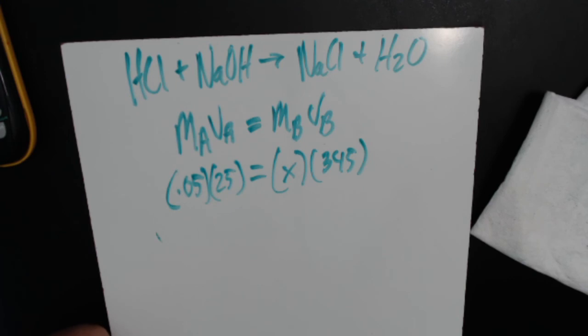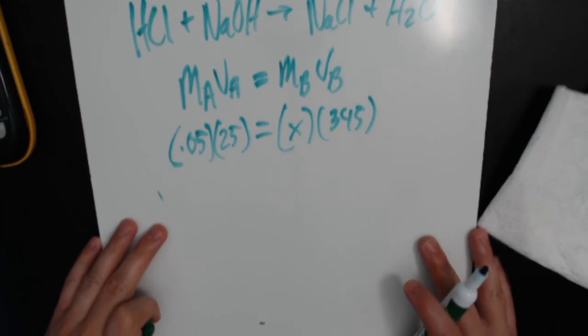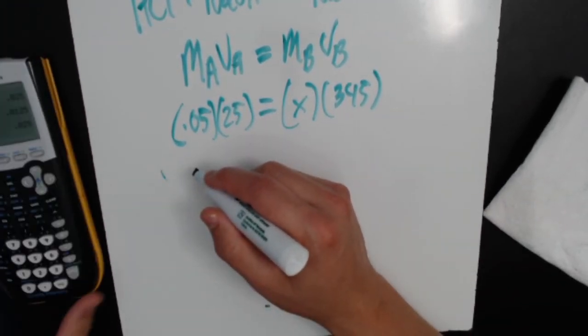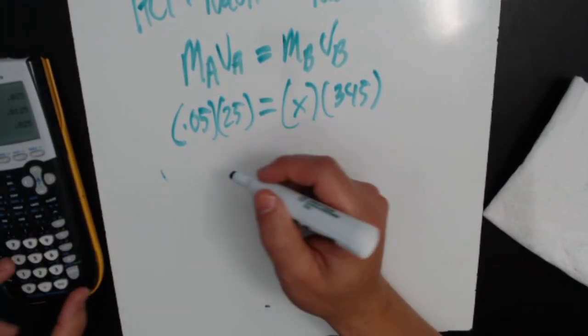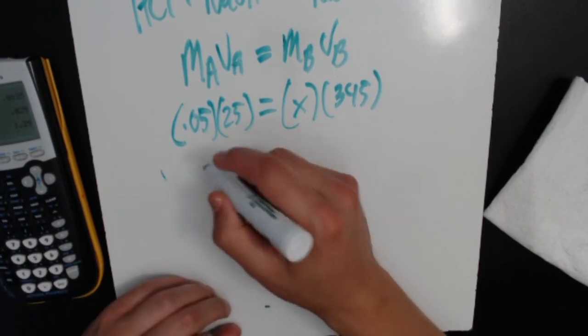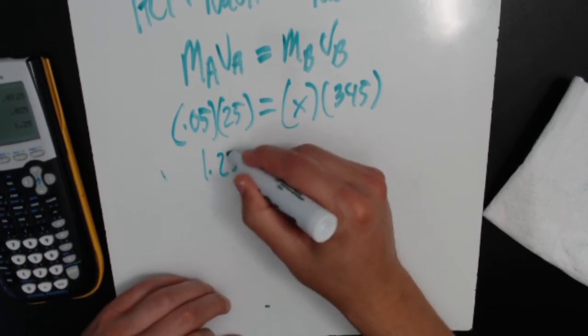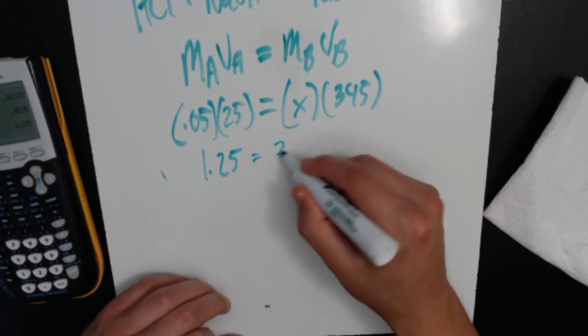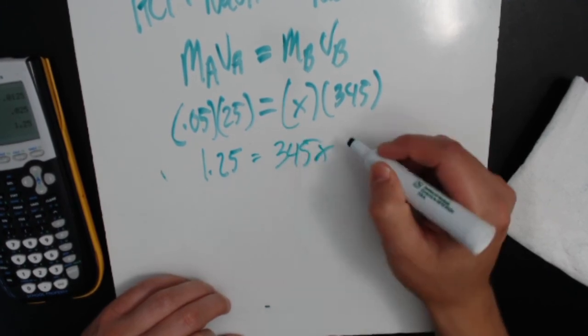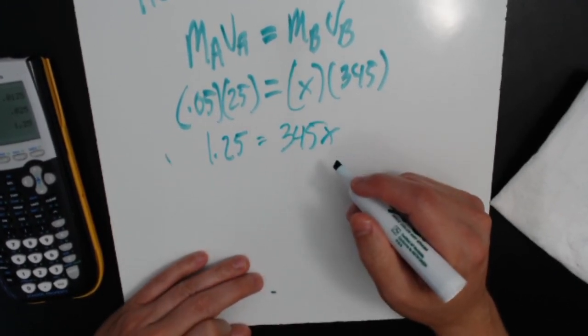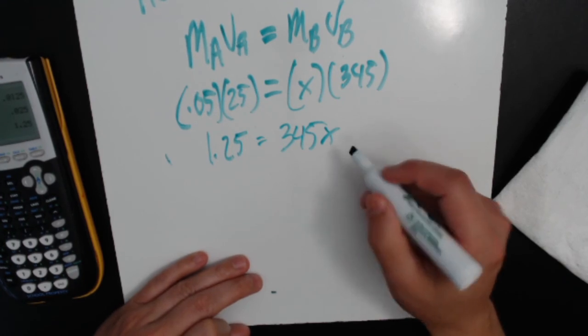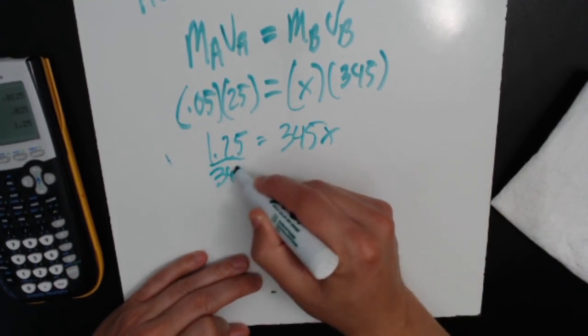Alright. So first thing we need to do is figure out what the molarity of our base is. So 0.05 times 25, 1.25 on this side, 345x on this side. This is going to be some really diluted base here. Divide both sides by 345.